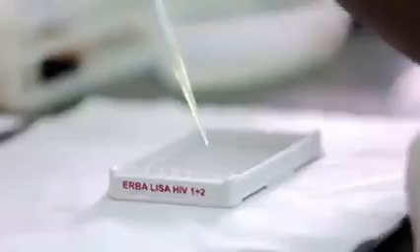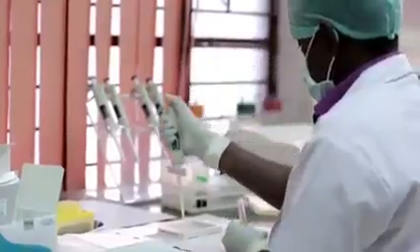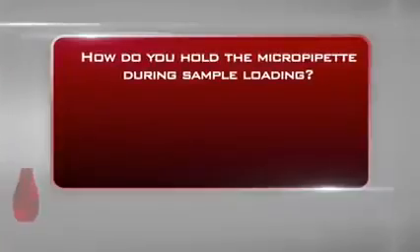Test procedure. Prepare wash and buffer solutions according to the manufacturer's instructions. With the help of a micropipette, load the respective wells with the required volume of controls and serum samples with diluent. How do you hold the micropipette during sample loading?